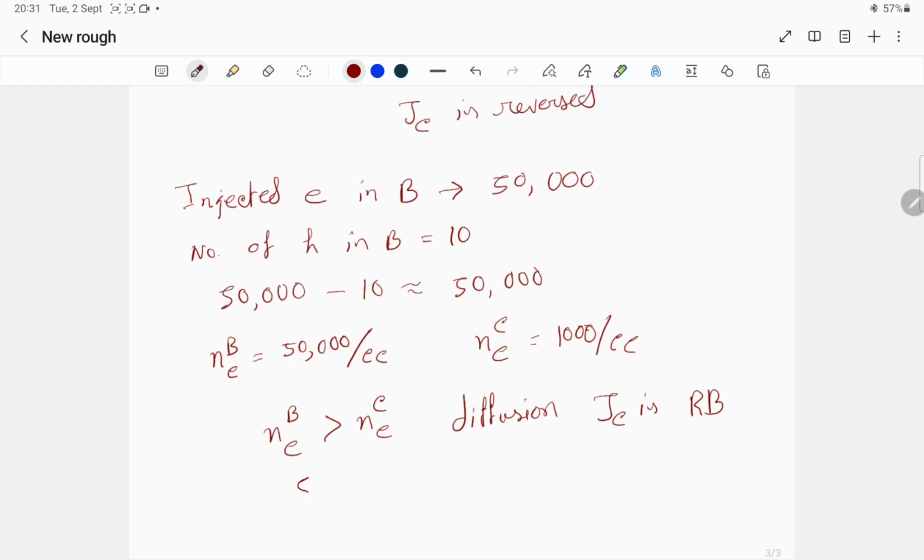So these 50,000 electrons are now moving towards collector, right?